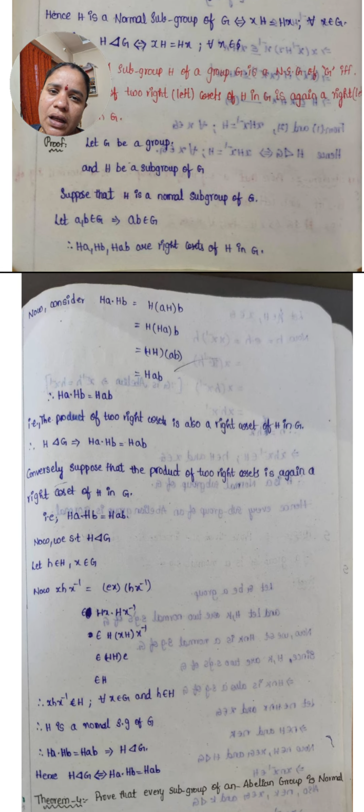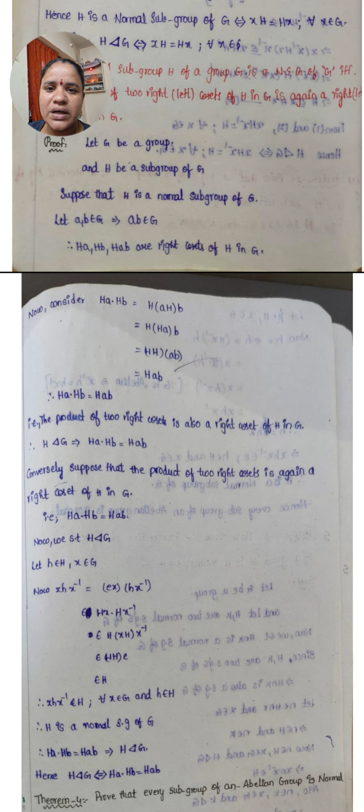Now the proof: let G be a group and H be a subgroup of G. Suppose that H is a normal subgroup of G. Let a, b belong to G, which implies ab belongs to G, by the closure law, since G is a group and satisfies the closure law.